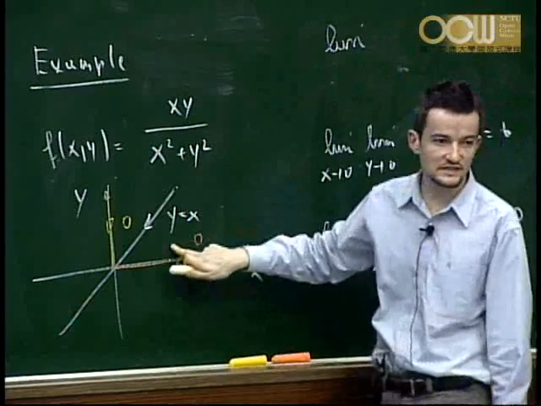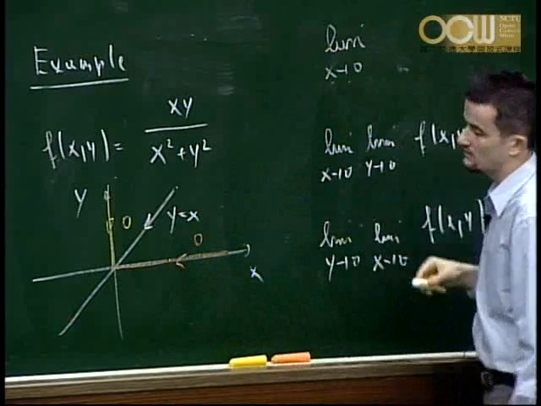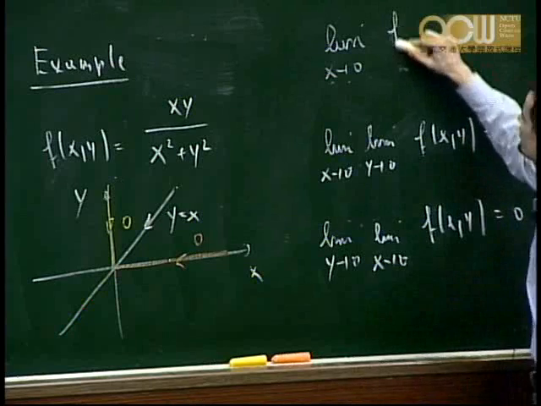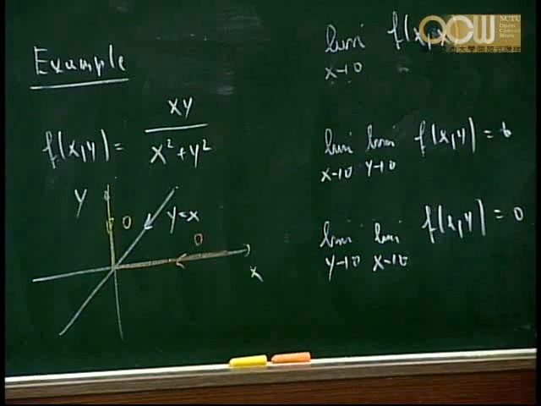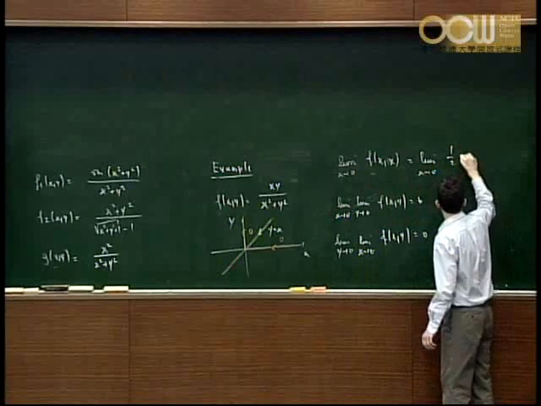Now, if I approach like this, because y is equal to x, this just becomes a usual limit problem: the limit as x goes to 0 of f(x,x). This function here is 1/2. So what you get is 1/2.